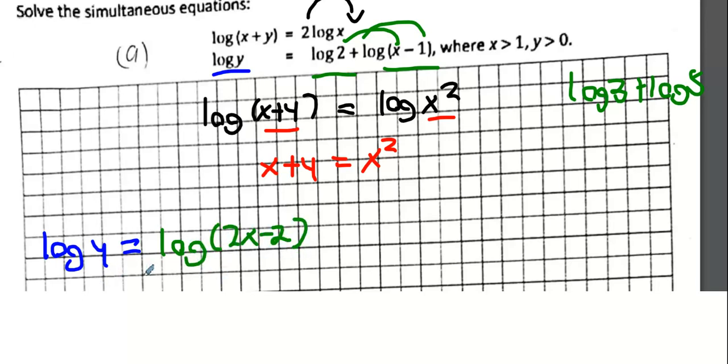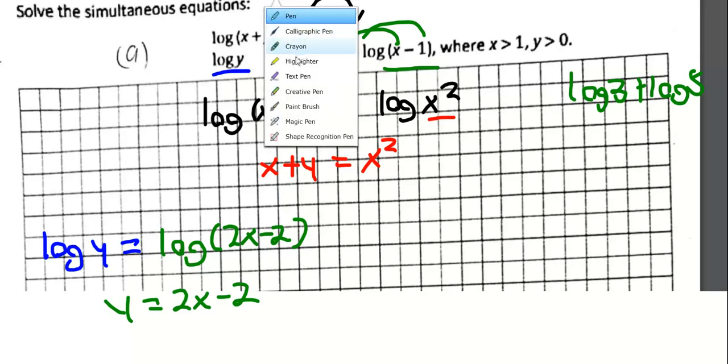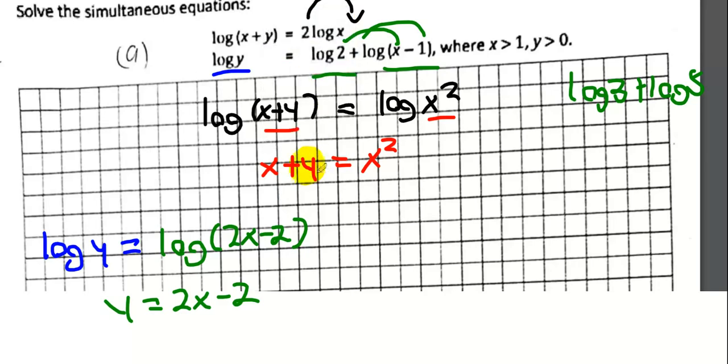That y equals 2x minus 2. Then this y here can be replaced by this here. And then what we're all going to say together now is that it's x plus 2x minus 2 equals x squared. Then you're going to whip it all over one side and get x squared minus 3x plus 2 equals 0.